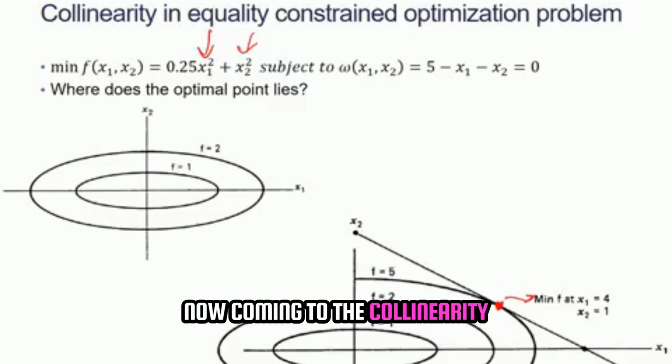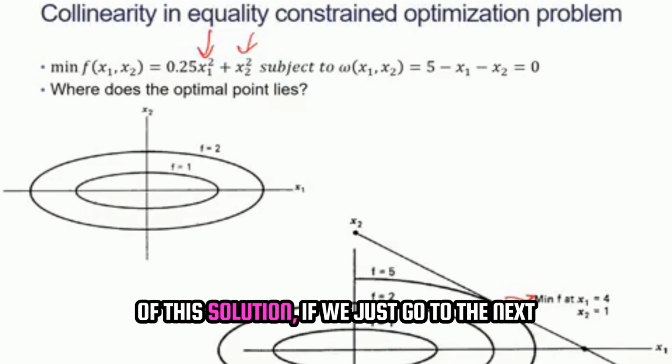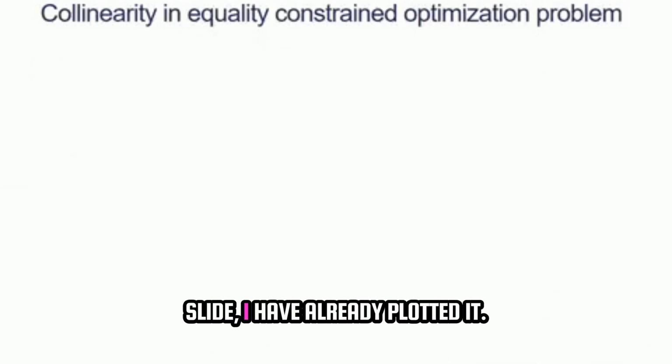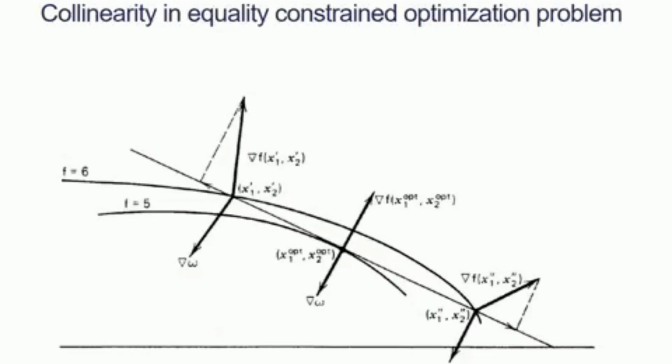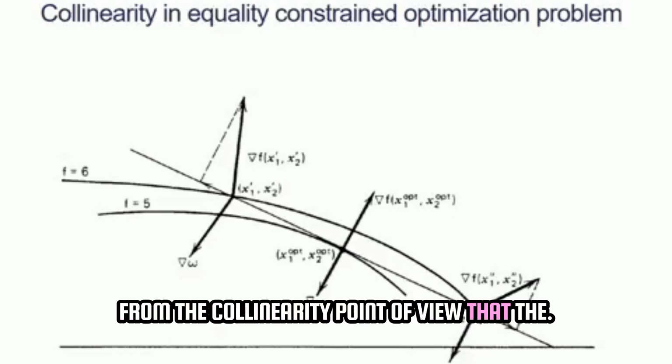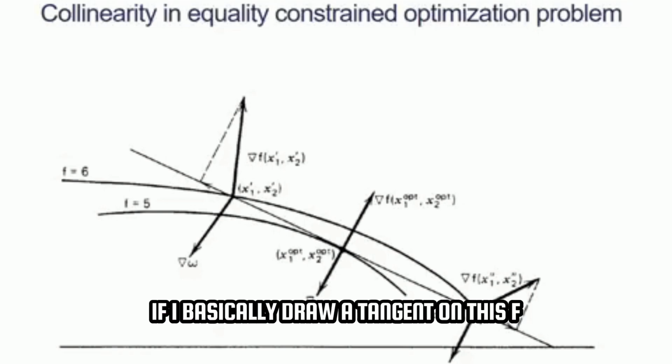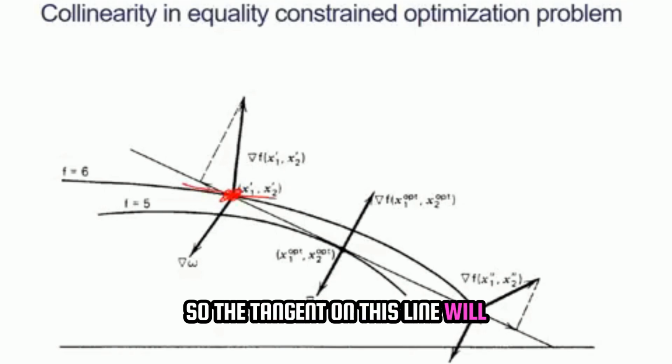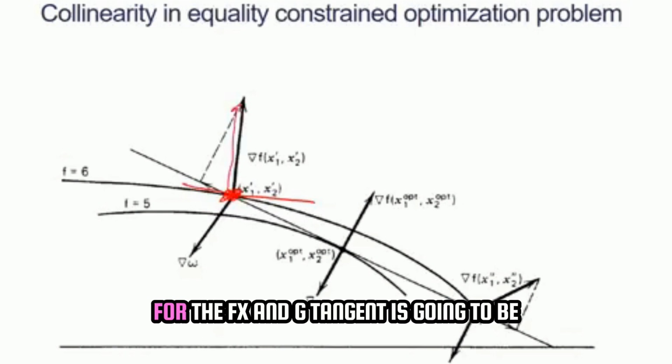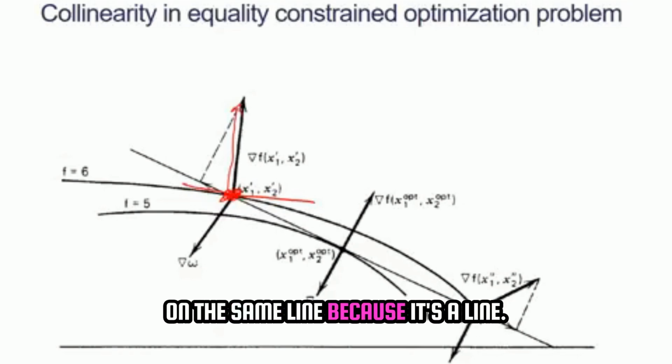Now, coming to the collinearity of this solution, if we go to the next slide, I have already plotted it. From the collinearity point of view, if I draw a tangent on this f at this point, the tangent will be like this, and the normal of this tangent is going to be this for fx. The gx tangent is going to be on the same line because it's a line.